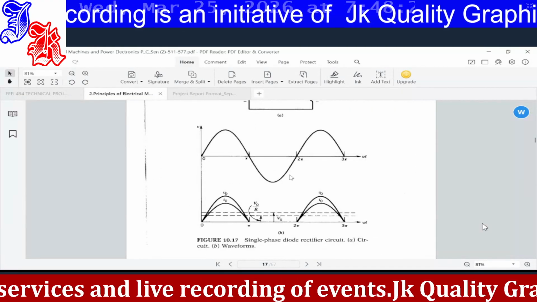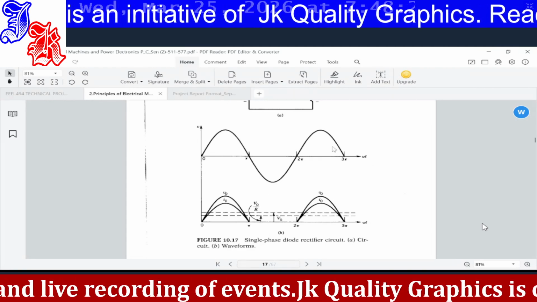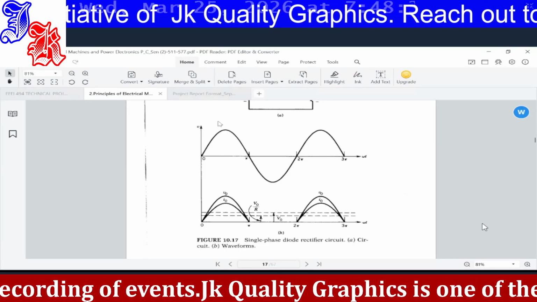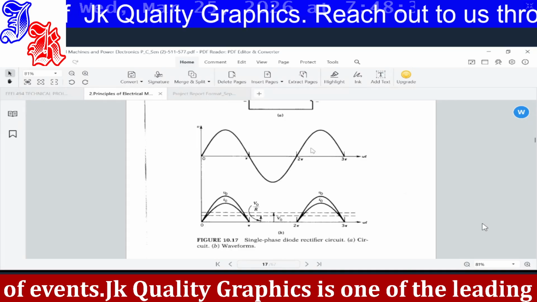So when you are drawing voltage and current, we normally use this sinusoidal wave. We say it is alternating current, so when it is AC, it normally alternates between the positive and the negative.